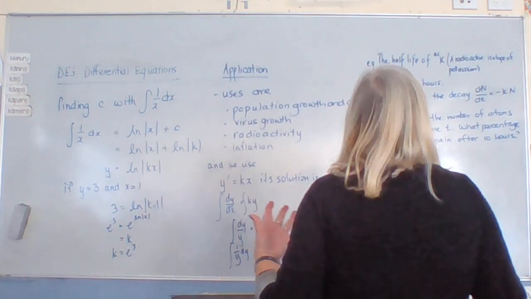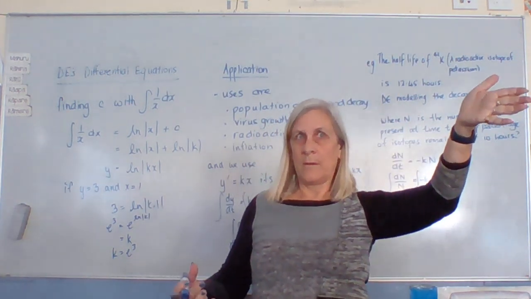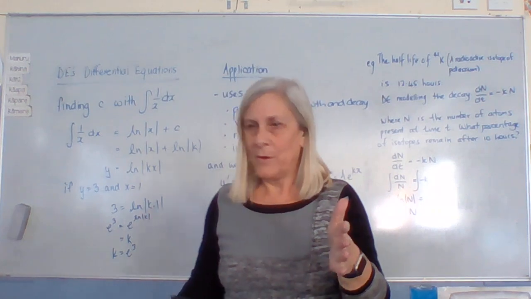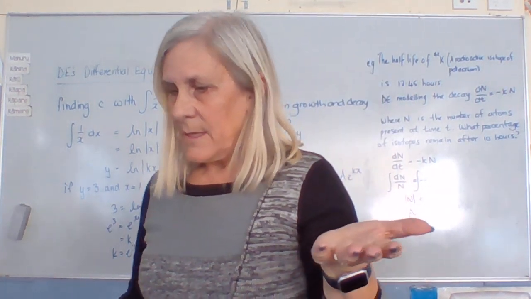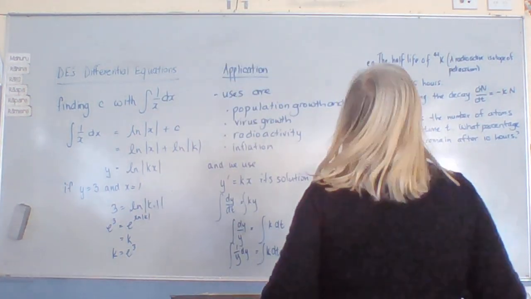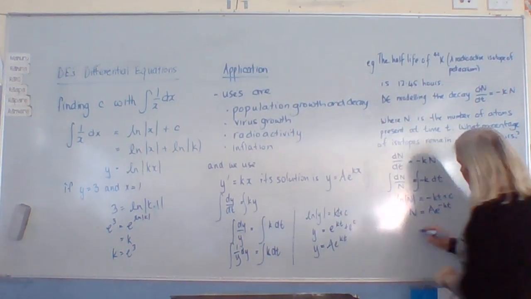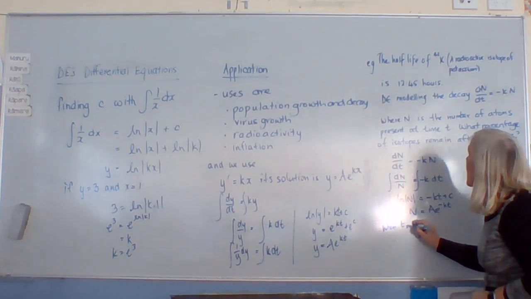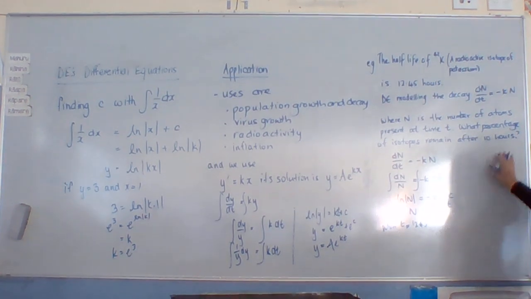So, a half-life occurs when? Halfway through. All right, so it's a 0.5, isn't it? So when t equals 12.45, we've worked out here that it's in hours.